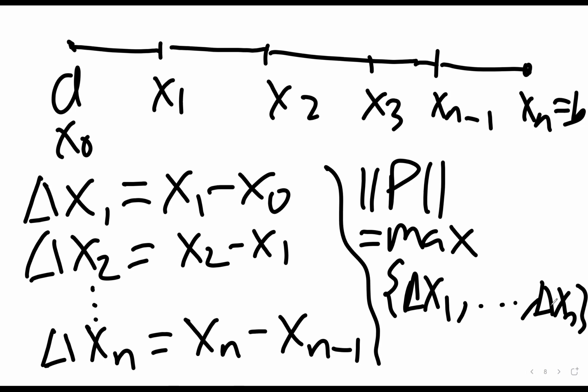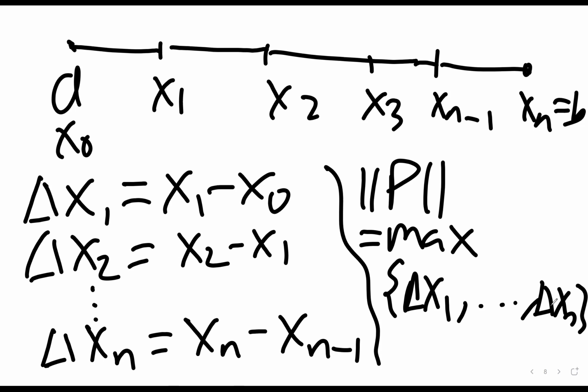Obviously, if the notation P here denotes the largest length of the subintervals, then if this one tends to 0, then all of these tend to 0.